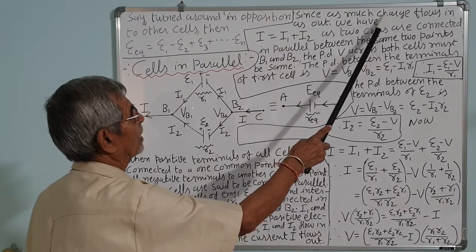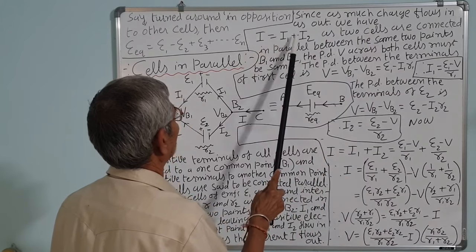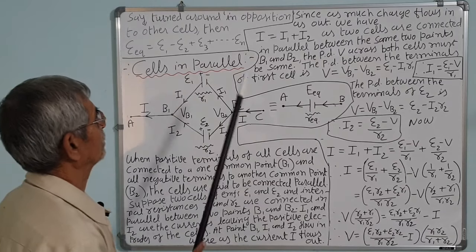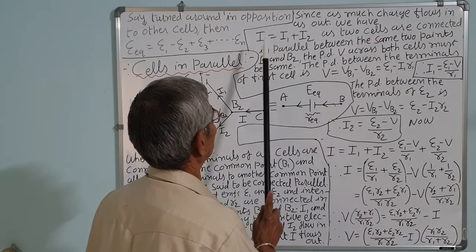Since as much charge flows in as out, we have I equal to I1 plus I2. So the current entering at B is equal to the current leaving. There is no charge accumulation, according to the law of conservation of charge.